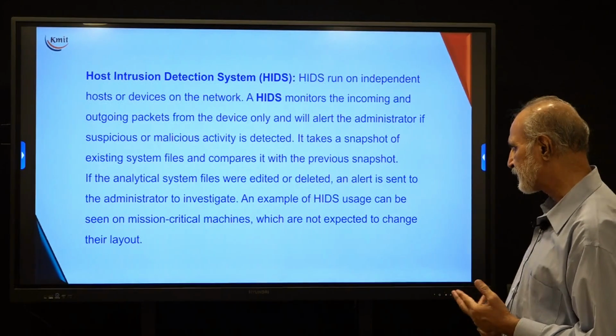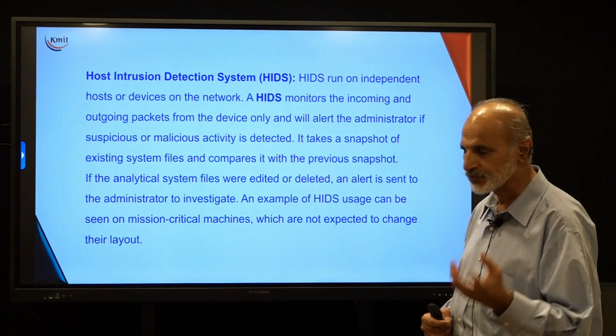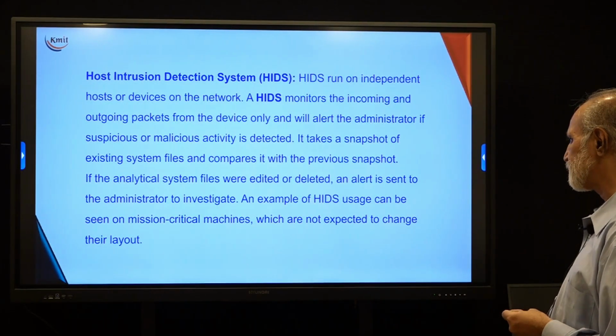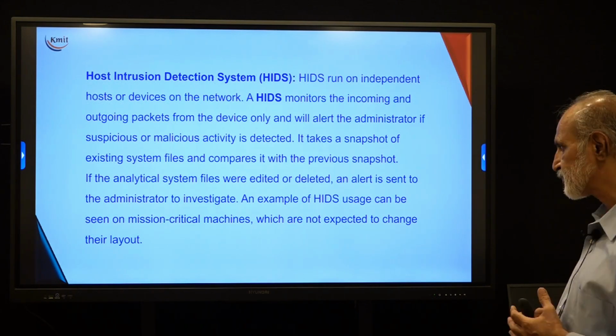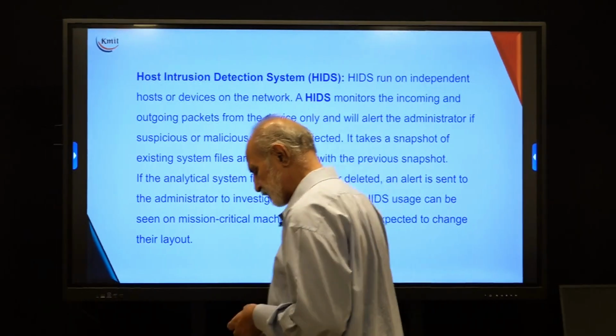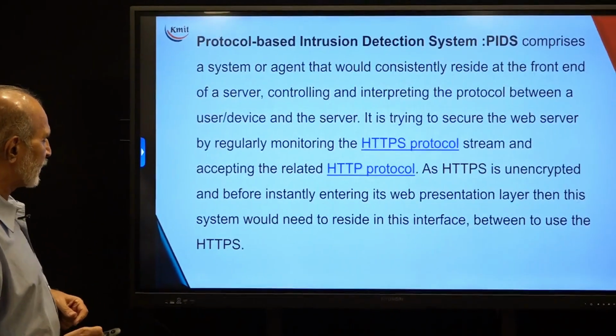If the analytical system files were edited or deleted, an alert is sent to the administrator to investigate. An example of HIDS use can be seen on mission critical applications which are not expected to change during their layout. So this is another application of HIDS.